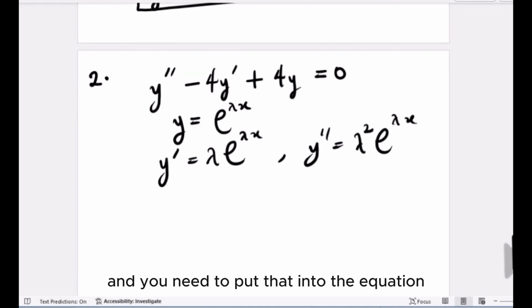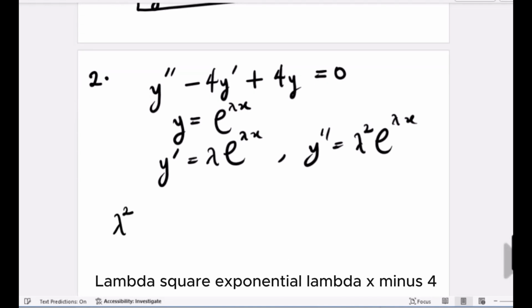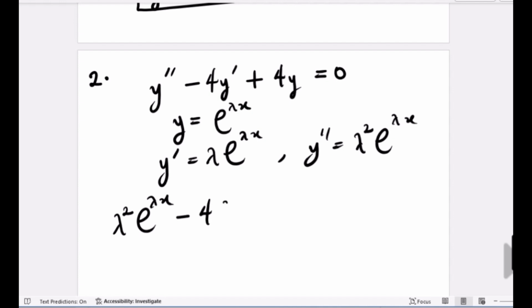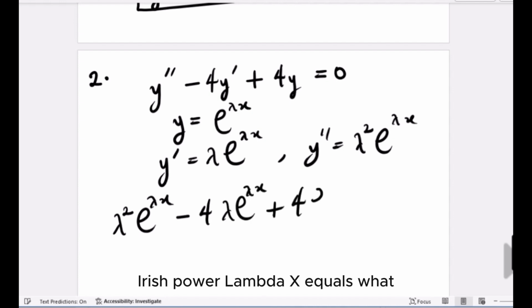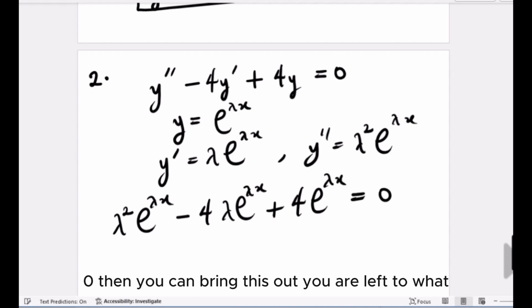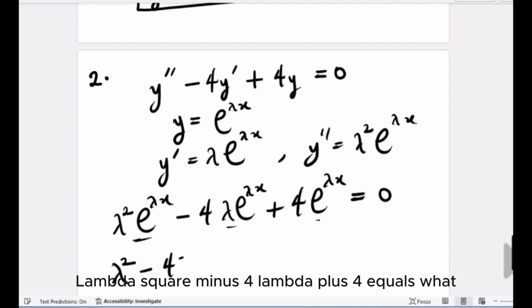Put that into the equation: lambda squared exponential lambda x minus 4 lambda exponential lambda x plus 4 e raised to the power lambda x equals 0. Then you can bring this out, and you're left with lambda squared minus 4 lambda plus 4 equals 0.